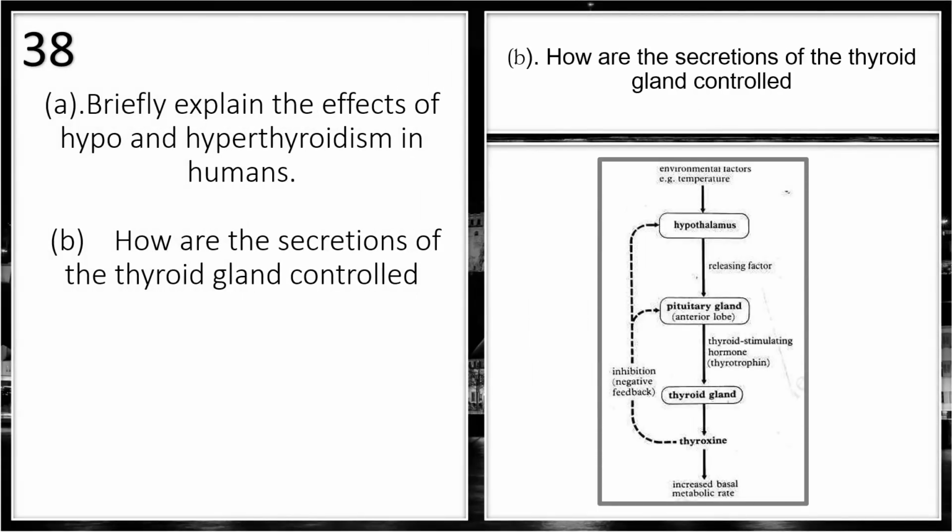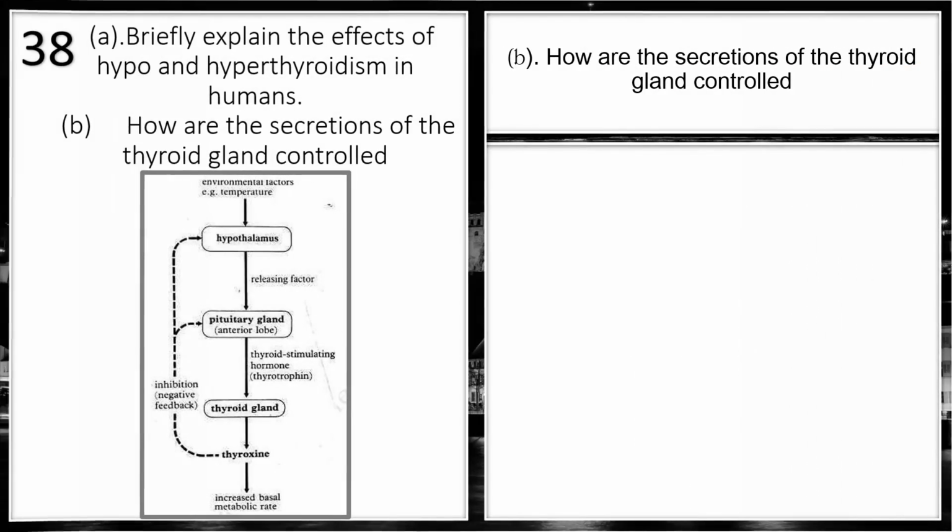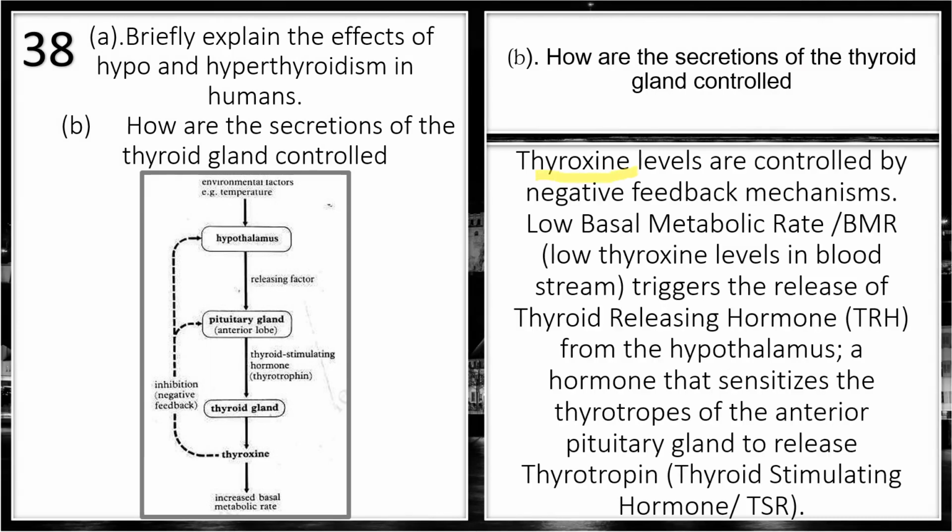Part B. How are the secretions of the thyroid gland controlled? Thyroxine levels are controlled by a negative feedback mechanism.